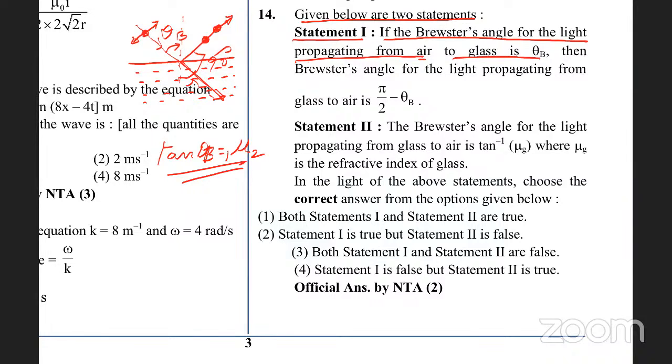If Brewster's angle for the light propagating from air to glass is theta b, then what is the Brewster angle for the light propagating from glass to air? So what is statement 2? The Brewster's angle for the light propagating from glass to air is the inverse of the refractive index of glass. If I apply this, statement 1 is true, statement 2 is false. So the answer is 2.